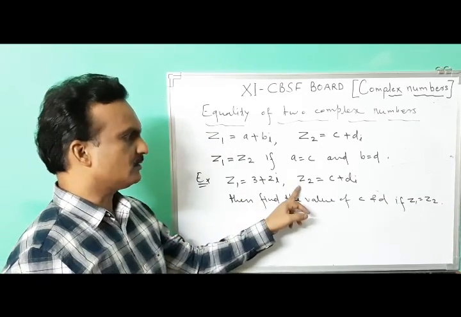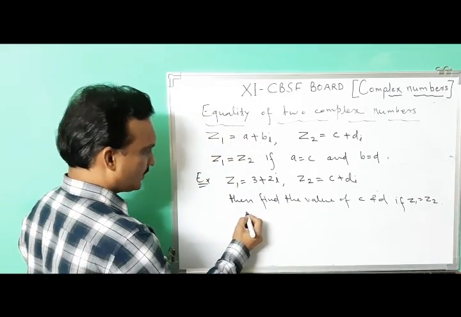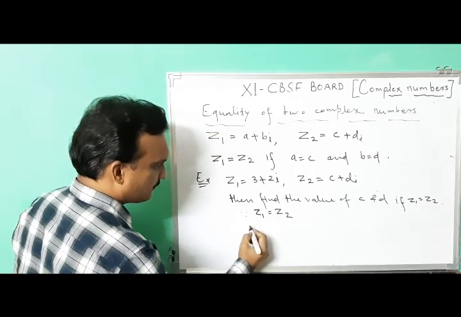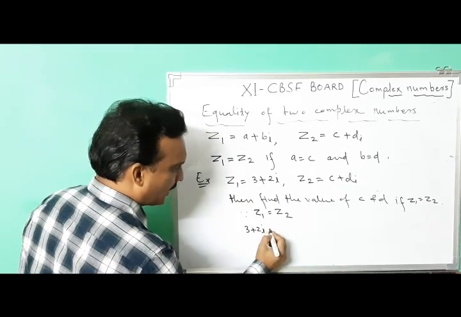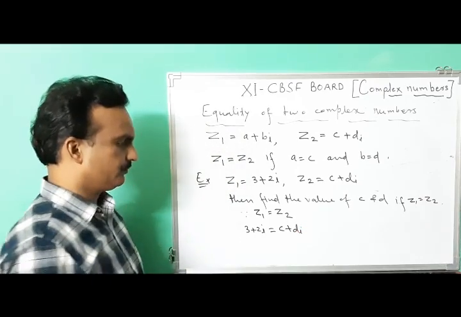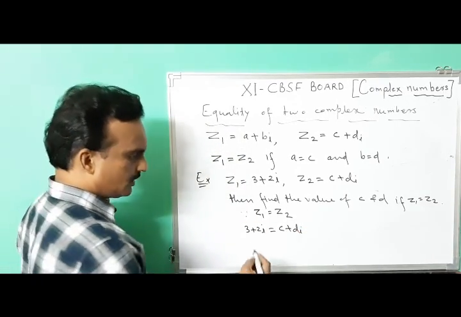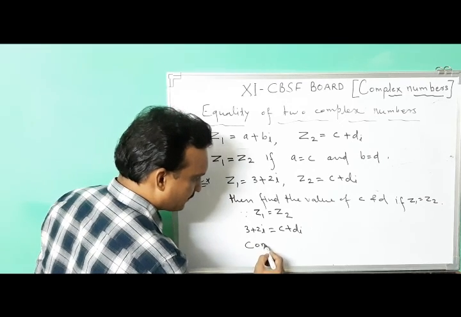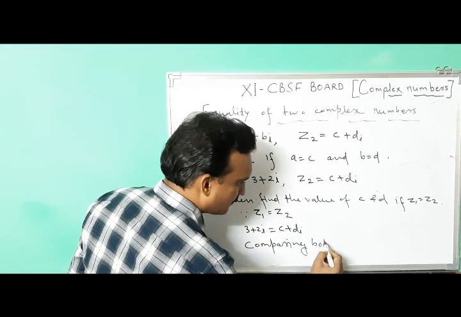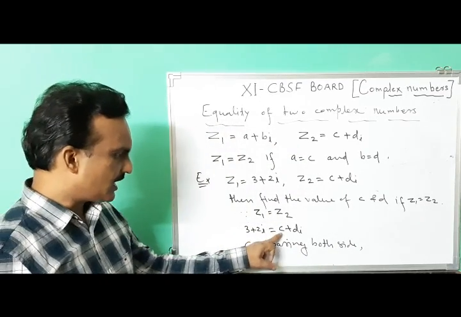Now these two complex numbers are equal. It is given to us. We will write like this. Since Z1 is equal to Z2, that means 3 plus 2i is equal to C plus Di. Comparing both sides, we can write C as 3.